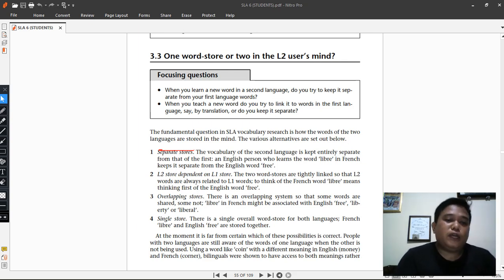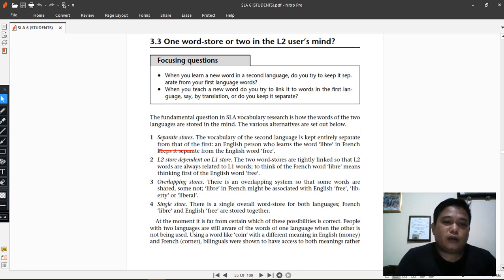Based on our book, we have four kinds of storing here. The first one is the separate stores. The vocabulary of the second language is kept entirely separate from that of the first.